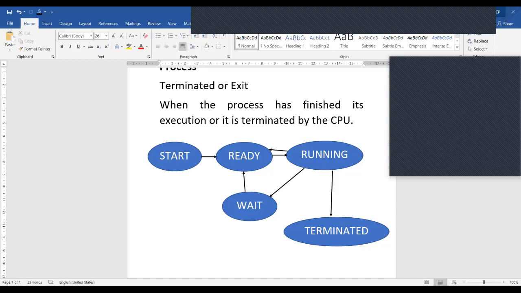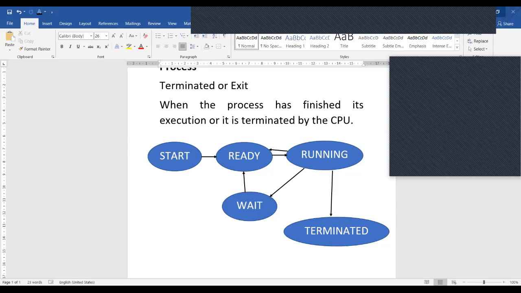However, when an interrupt occurs or when the process is swapped out from the main memory as per the scheduling algorithm, then it changes the state to ready state. So that is why there is bidirection.